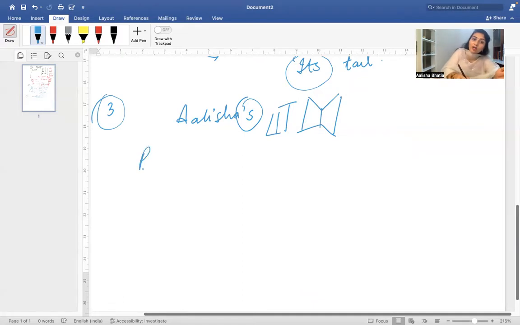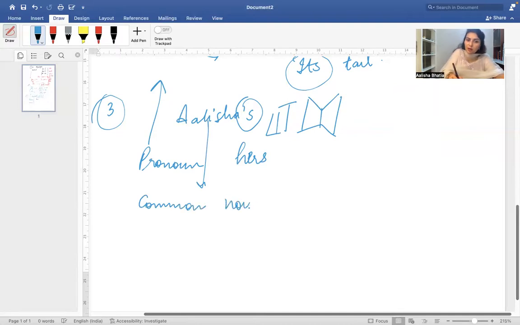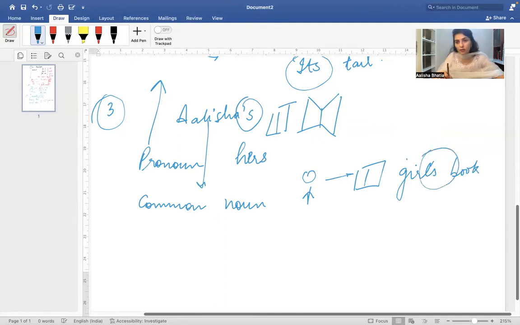Now let's say I'm talking with a pronoun. Of course, there will be no apostrophe there. The book is hers. Third case: rather than a proper noun, I'm using a common noun. This is a girl, and this is her book. So this girl's book. After girl, I have put an apostrophe.